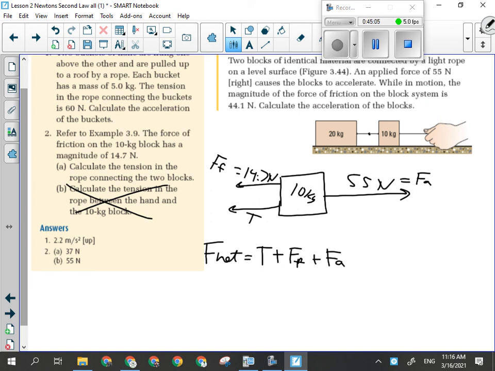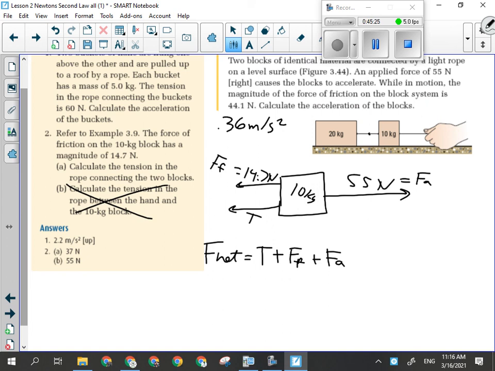Mass times acceleration. Remember, in the last question, we calculated the acceleration of the system to be 0.36 meters per second squared. So I can calculate the net force acting on the 10 kilogram block. That's what I need. It'll be the vector sum of all the forces acting on the 10 kilogram block.